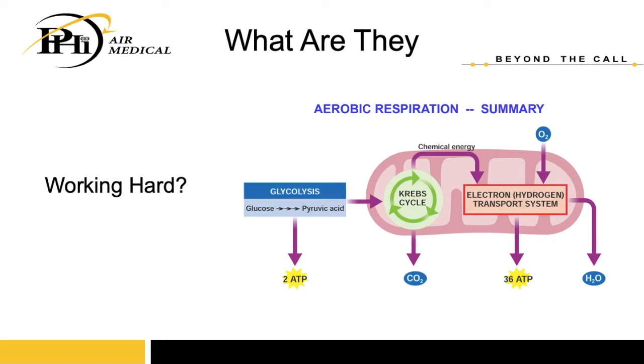The next thing is that if you're working hard, right? So if you have some sort of increased metabolism for some reason, you're going to have an increased glycolysis in the body. So you're going to be breaking glucose down into pyruvate. Pyruvate's going to be entering into that Krebs cycle, which I know that every single person listening to this presentation probably can't stand. But when you have the initiation of the Krebs cycle, you have CO2 coming out on the other side. So if you have an increased glycolysis, you're going to have an increased level of CO2.